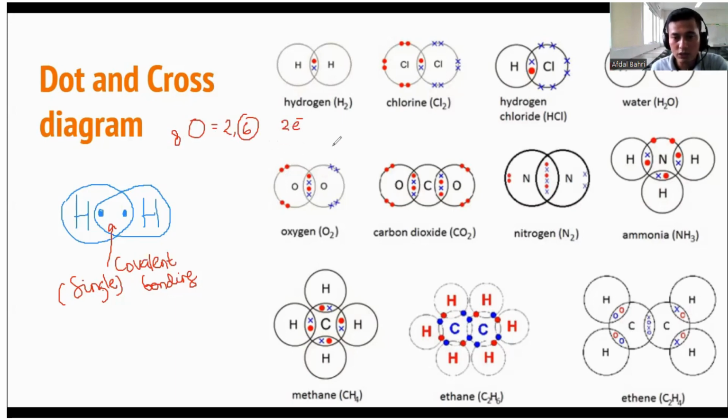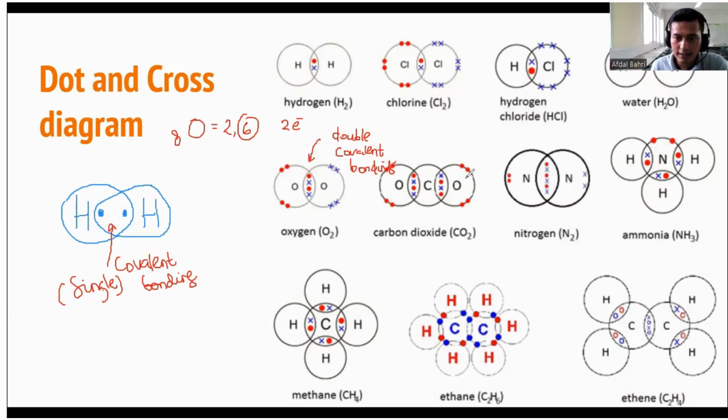By sharing electrons with the other oxygen. You can see here in the overlap region, there are 4 electrons shared. These 4 electrons shared indicate double covalent bonding. So single, double, and triple is determined by the number of electrons shared.